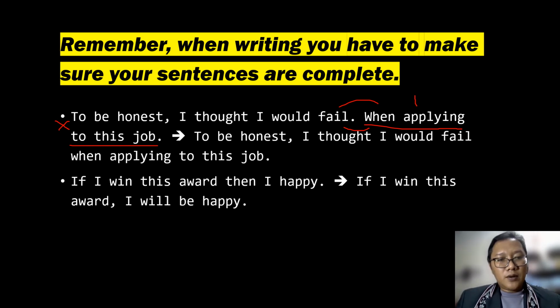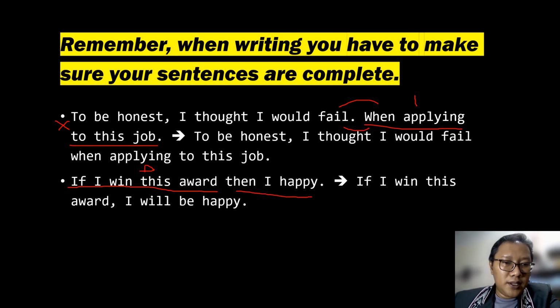Okay, now the second one: If I win this award, then I happy. What's the matter here? What's the problem? What's the issue? If I win this award, this is the dependent clause. Then I happy. Remember that a predicate in English should have a verb.